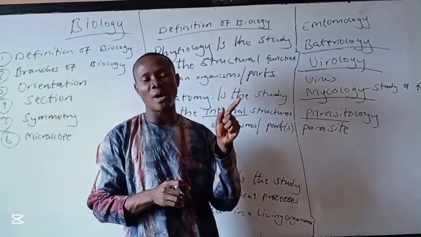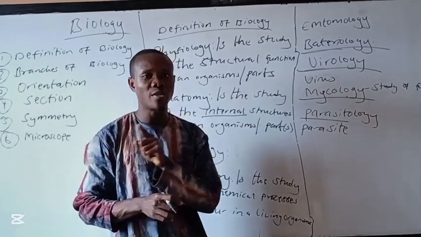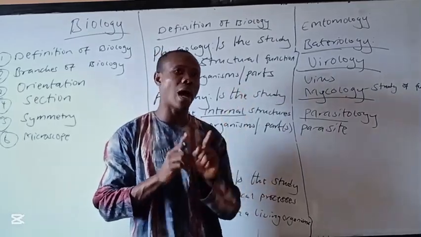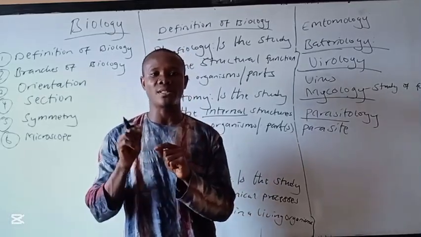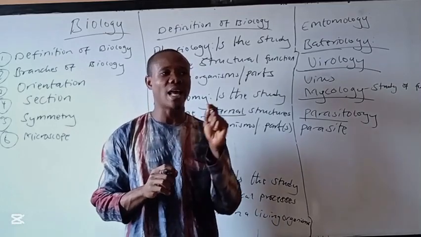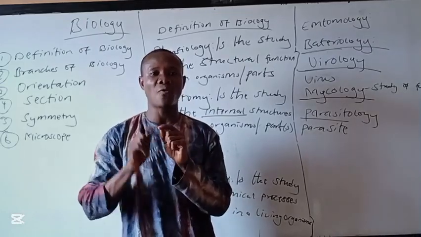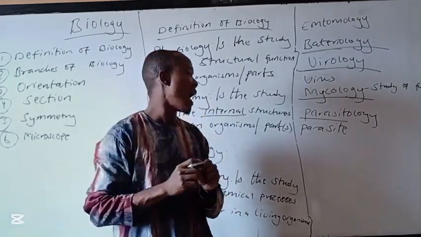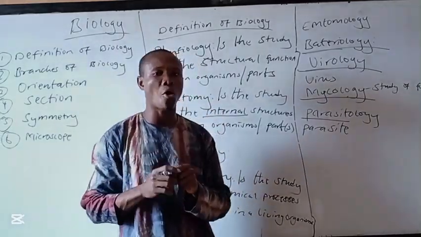The vector is what? The mosquito, the female Anopheles mosquito. So there is a difference between a vector and a parasite. A parasite is the organism that causes the disease. The vector, they just help in the transmission of that disease or that parasite from one person to another. And the host is the organism that they live in or on.